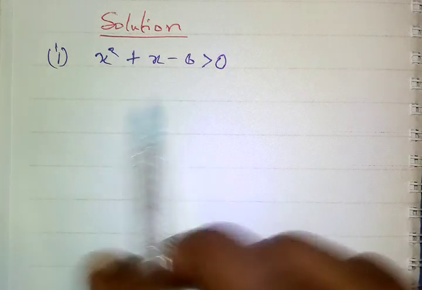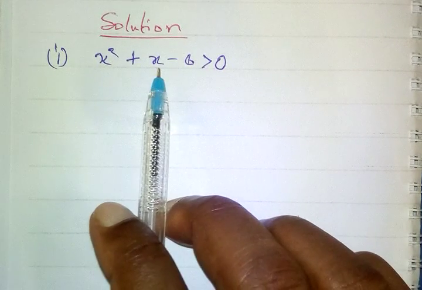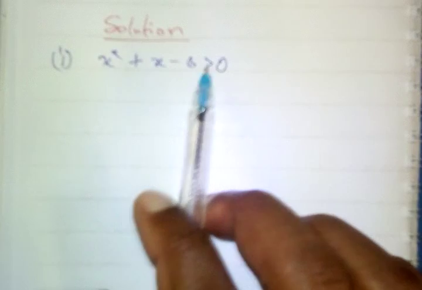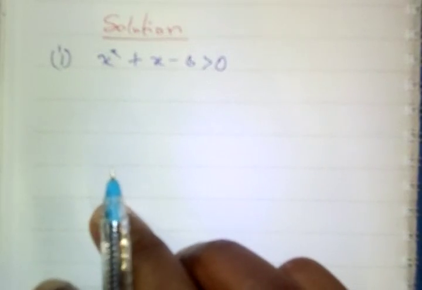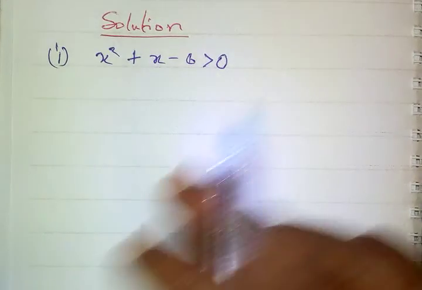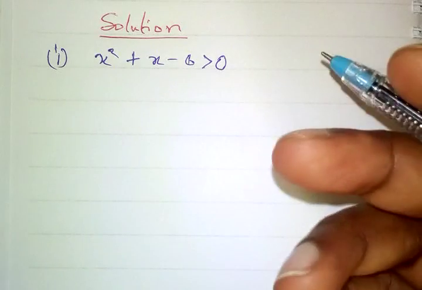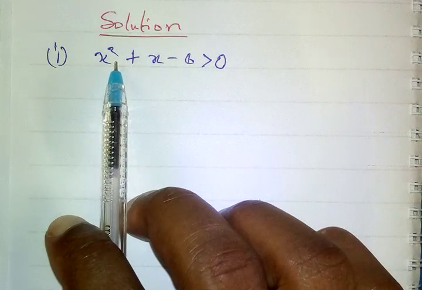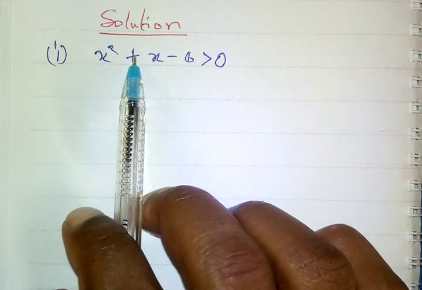Number 1 says x squared plus x minus 6 is greater than 0. All we need to do, just as if we are solving a quadratic equation, is factorize the left side of the inequality.